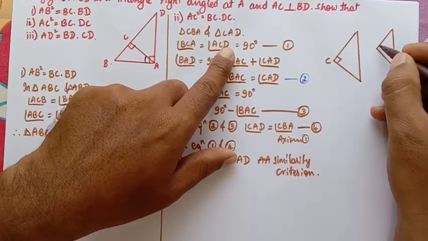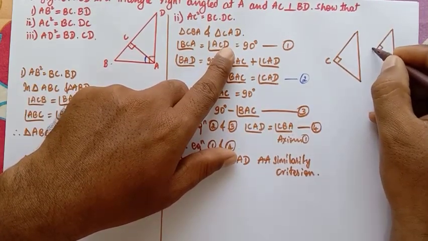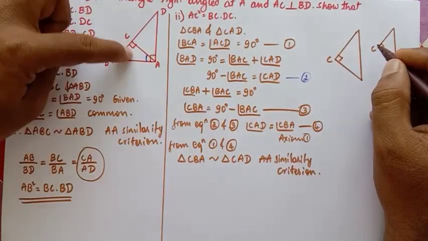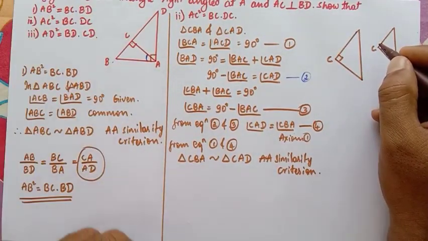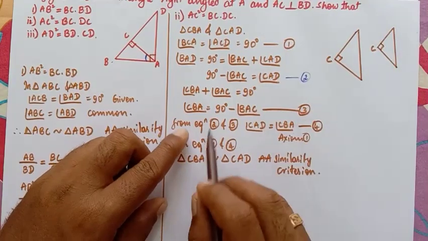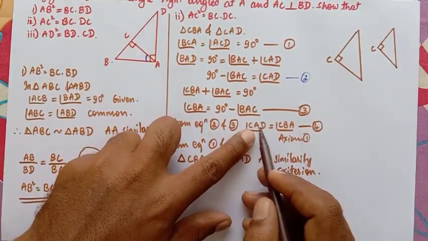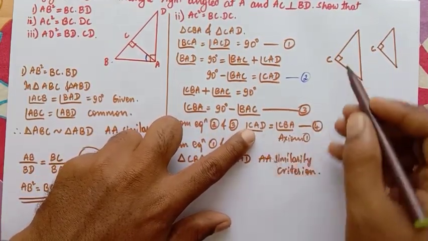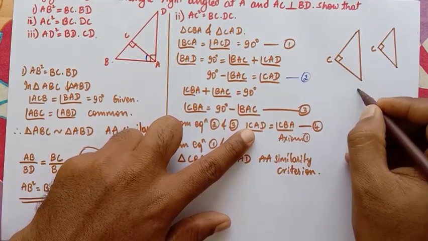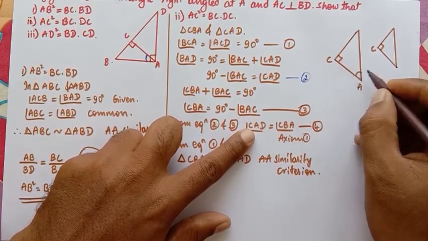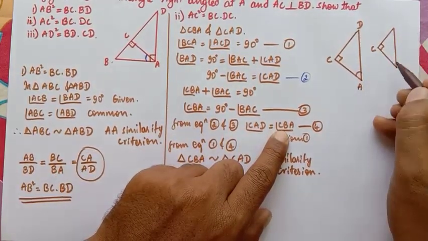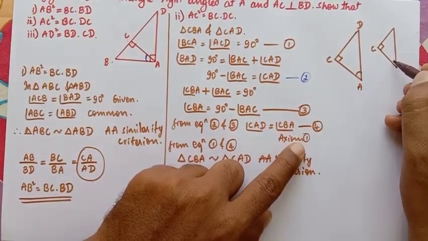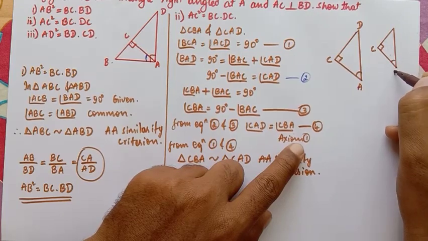ACD, this one is C. This one and this one both are equal to 90 degree. Let us move on to the next statement. CAD. Where is C? This one is C. So let me take A, this one, CA, and this one is D. CAD is equal to CBA. So this one is B.